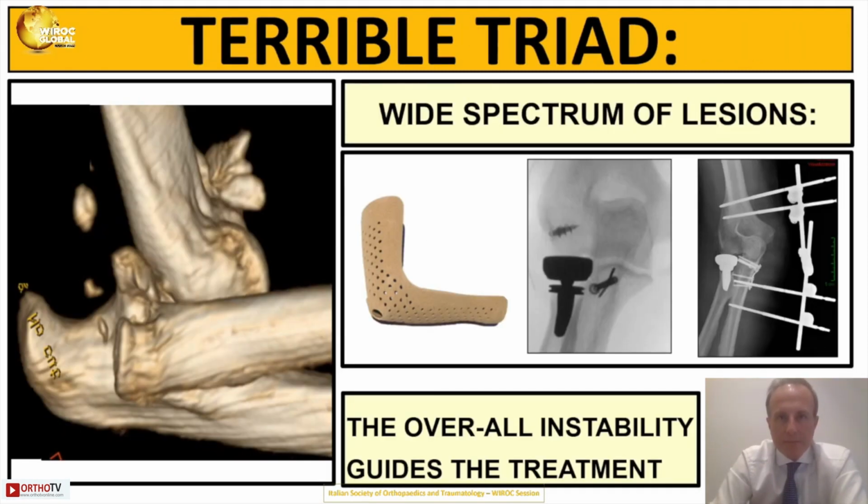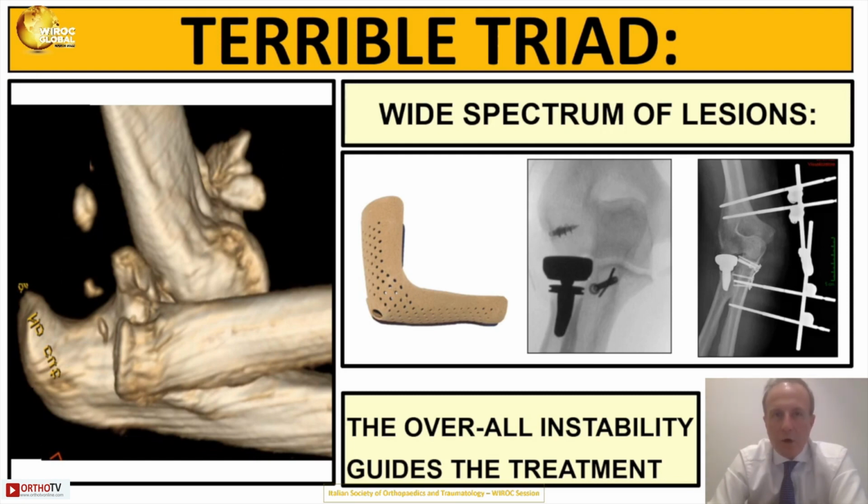Terrible triad. This lesion is characterized by dislocation or subluxation of the elbow, which occurs by fracture of the radial head and of the coronoid process and lesion of the lateral collateral ligament. Terrible triads include a wide spectrum of lesions.